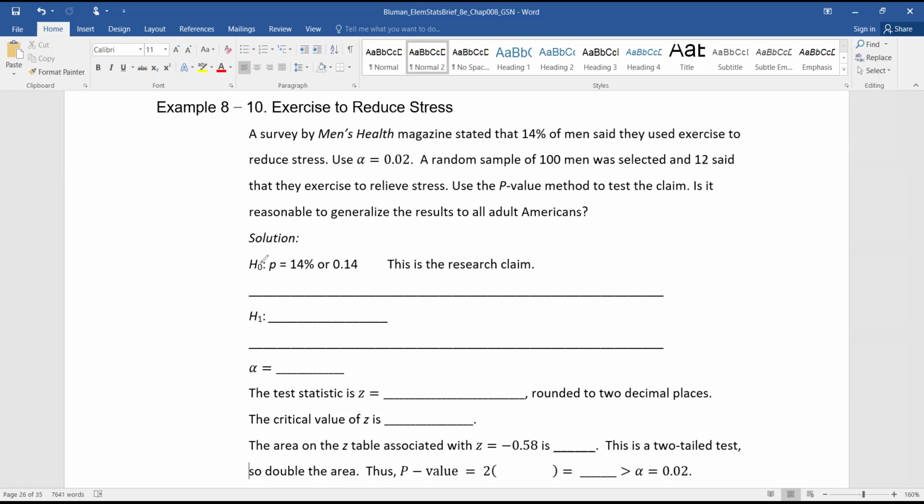Again, our null hypothesis will be that the probability is equal to 14%. This would actually be the research claim, because we want to say, does this actually stick with all of Americans?